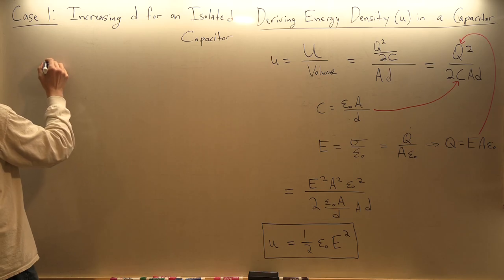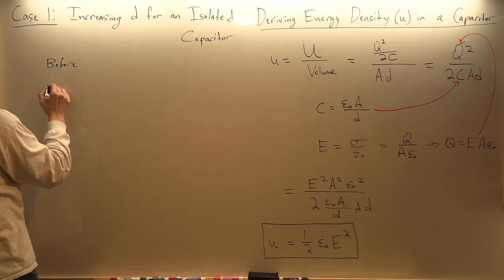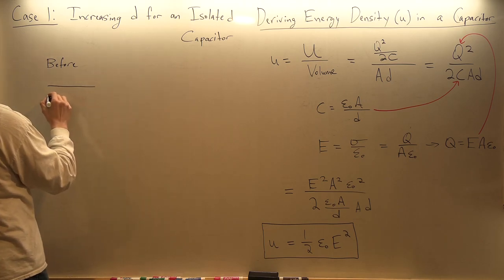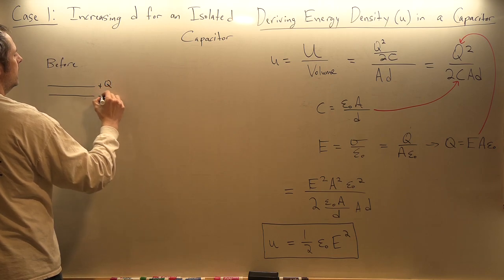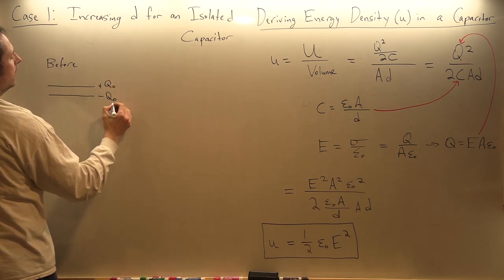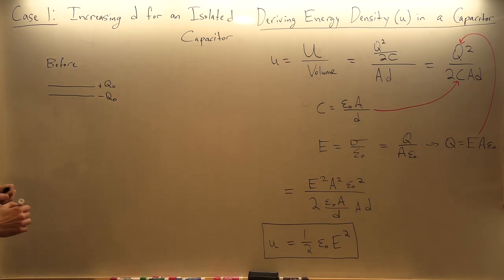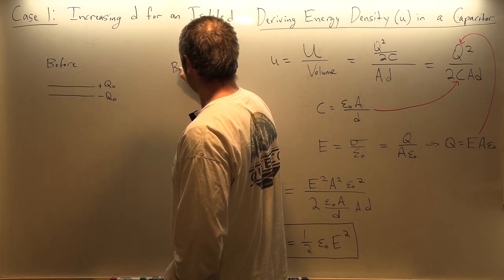So here is my before. What I have is a capacitor like this, plus Q minus Q. And what I'm going to do is put 0 here, because that may change, because I am going to change the system.